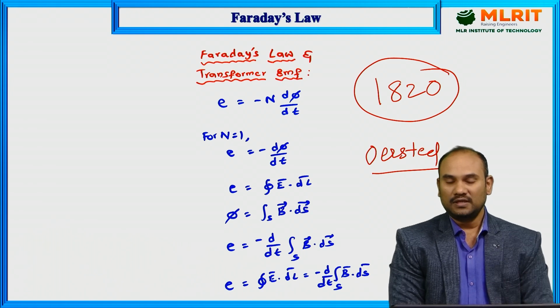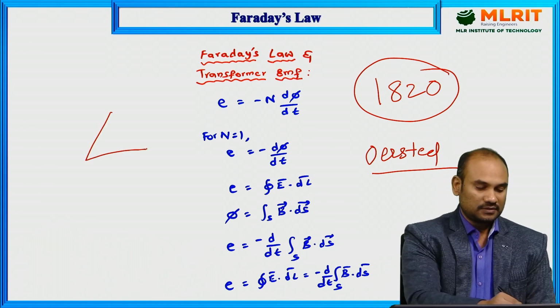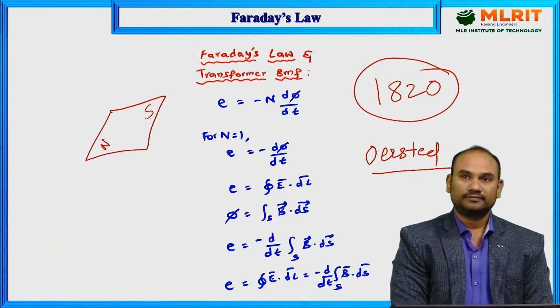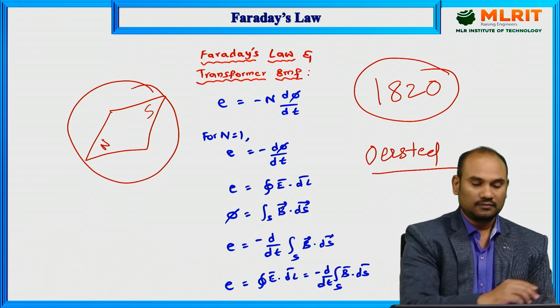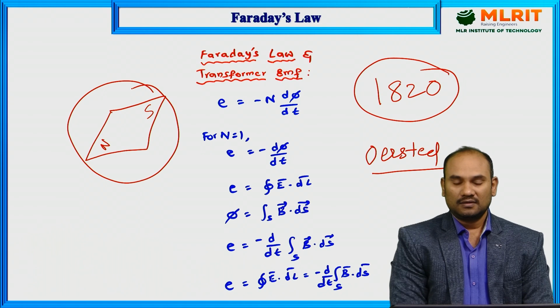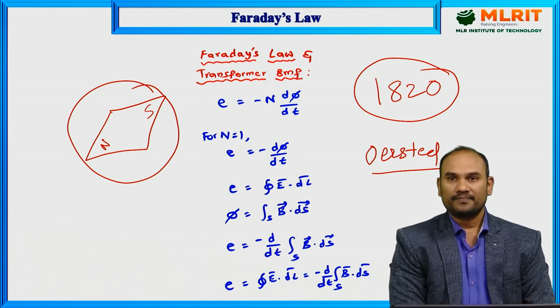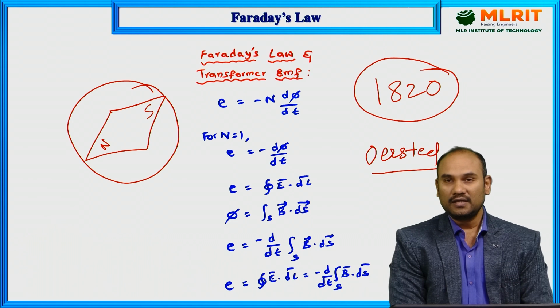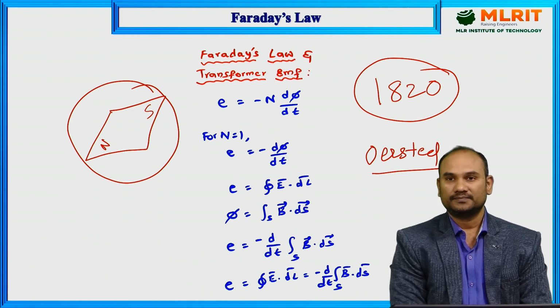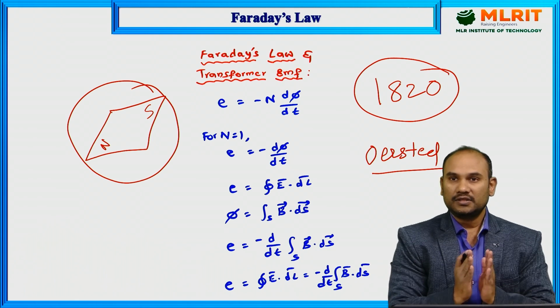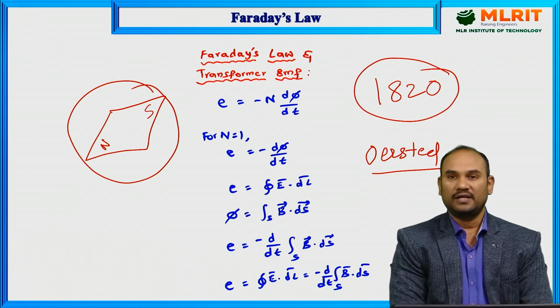What he observed was that there was a magnetic compass, and he noticed that there was some flow of electric current in the vicinity, and the needle of the magnetic compass started deflecting. So he concluded that an electric current gives rise to a magnetic field.